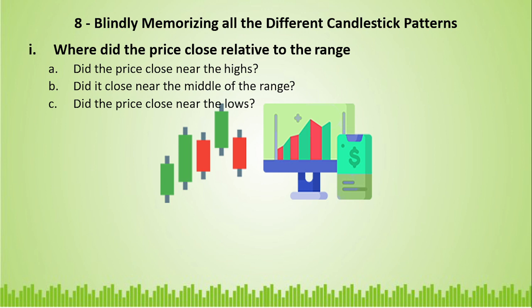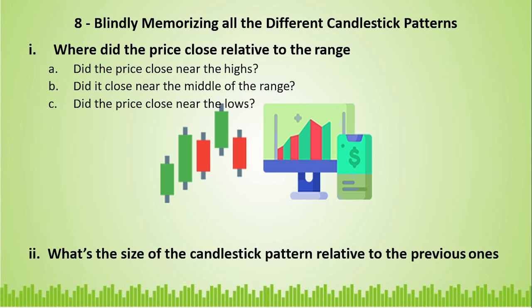Question number 2. What is the size of the candlestick relative to the previous one? You want to see if there is any conviction behind the move. Let's say you spot a hammer on the chart, but the size of this hammer is about the same as the last candles, or even smaller. It is telling you that there isn't any conviction behind the hammer.